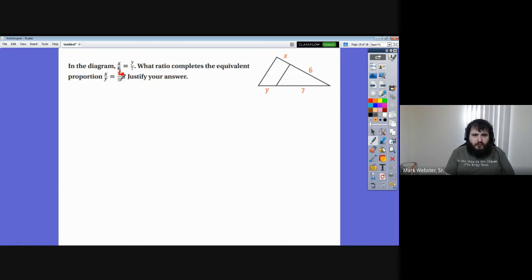If y goes with 7, 7's going to go over here. And we'll talk a lot more about this picture later, but look at how it's set up. X over 6, y over 7. Do you see how the common parts line up? So if I do x over y, it only makes sense that this is going to be 6 over 7, right?